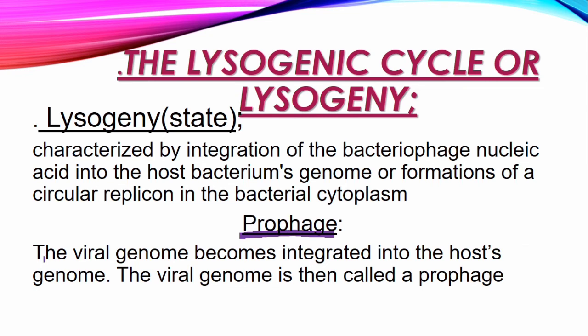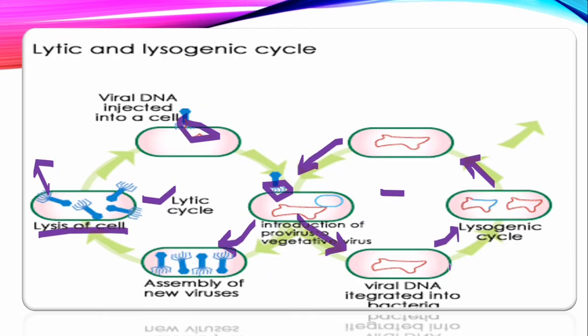Prophage is the viral genome that becomes integrated into the host genome. The viral genome is then called prophage. I can show you here on the previous picture: the viral genome integrated into the host genome is represented here as a prophage.